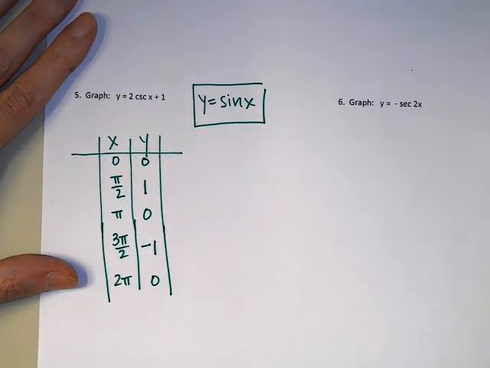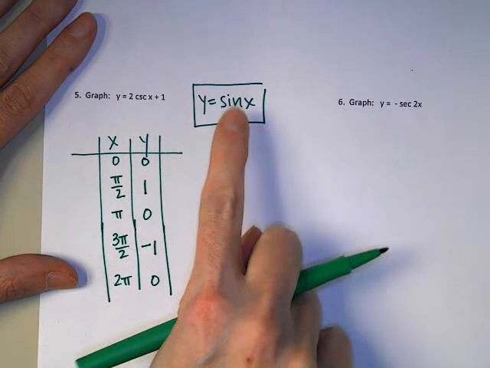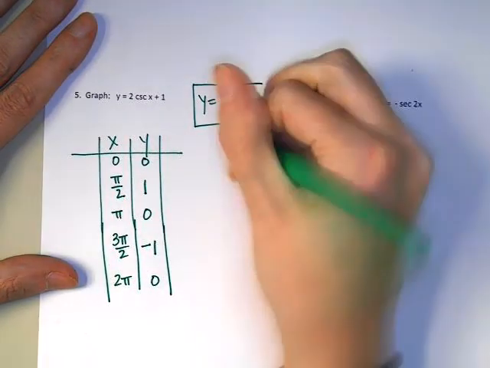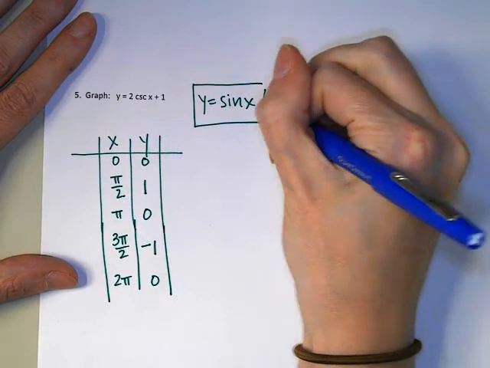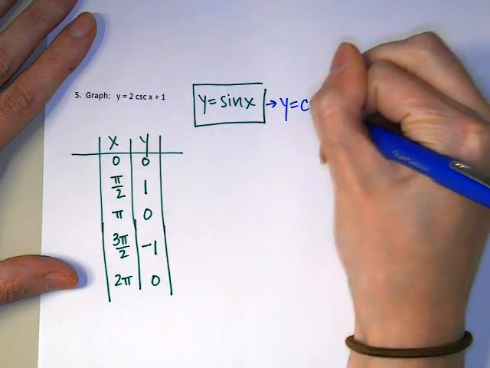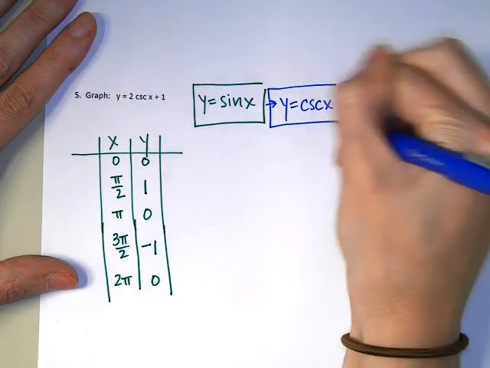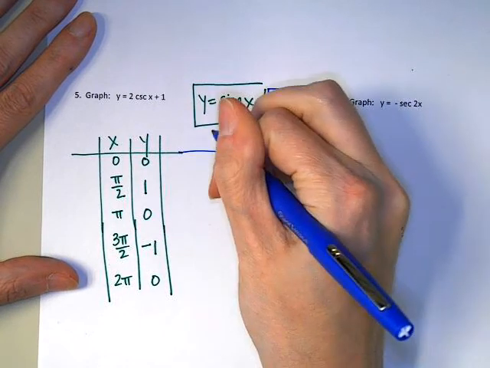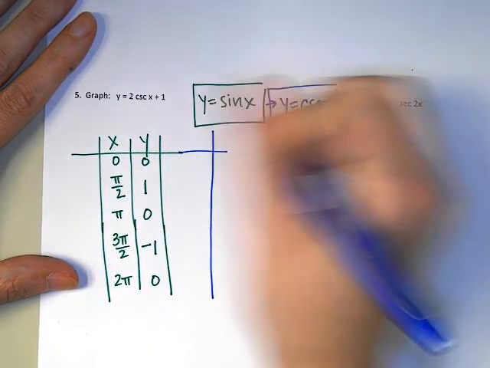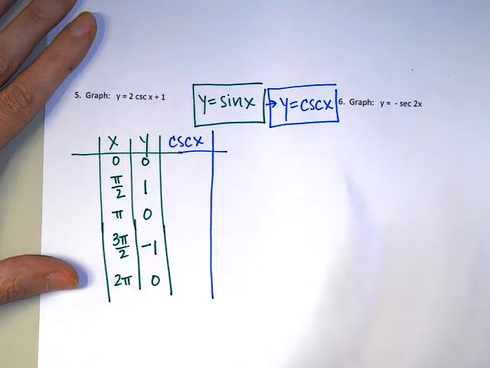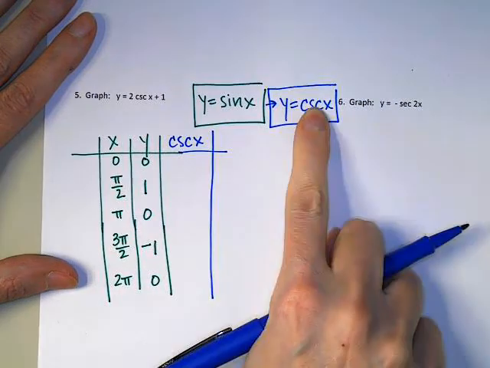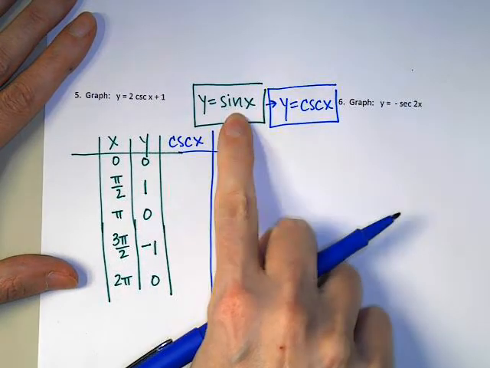Okay, but now let's find the reciprocal of sine. Now let's find cosecant before any shifts. So in this box here, we're going to actually do cosecant. And all cosecant is, it's the reciprocal of sine.